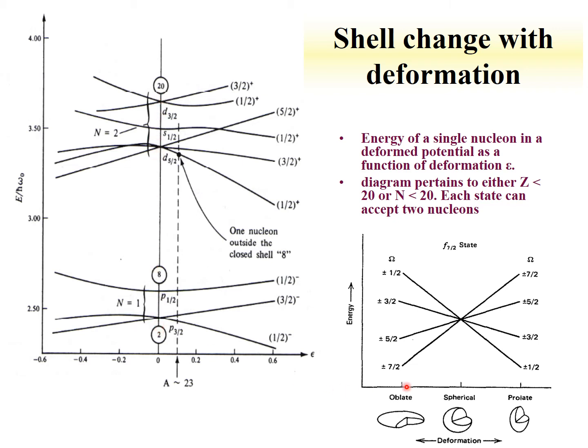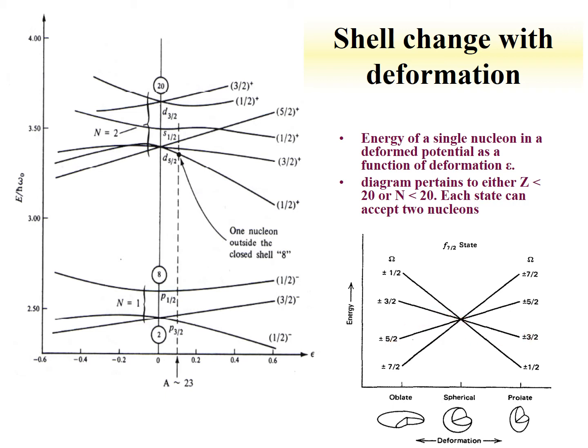If we start to go oblate, we get splitting occurring, so the levels change. We can now only put 2 nucleons into each of these levels. Or if we go prolate, as shown here, the splitting goes in the opposite direction. The key to this is that I can take a spherical model, and then by having the nuclear shape change from prolate to oblate, I can have a different spin and parity.